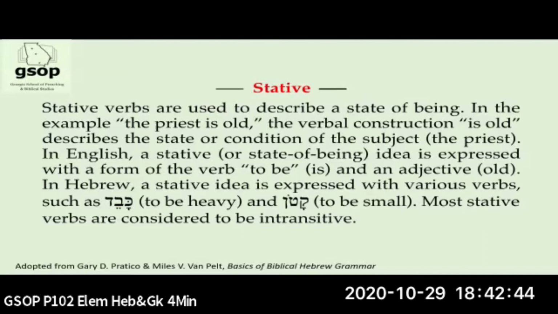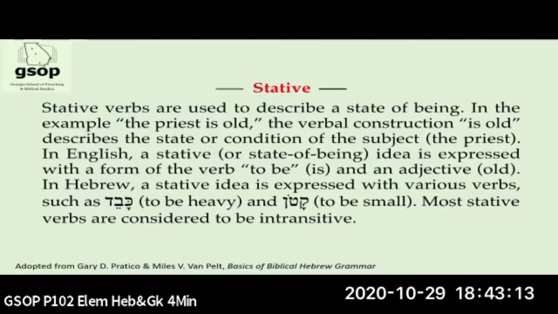The verbal construction is old describes the state or condition of the subject. The priest is the subject. The state of being is expressed with the form of the verb to be: is, was, will be. Future has to have a helping verb. And old is an adjective used in a predicate form, where we say that it is old.